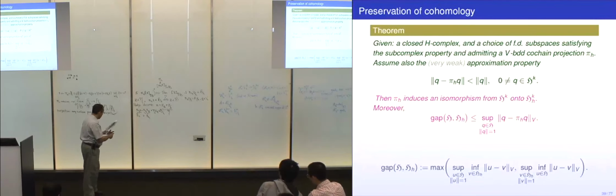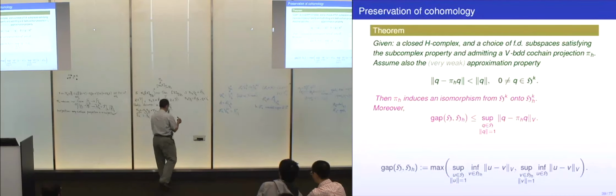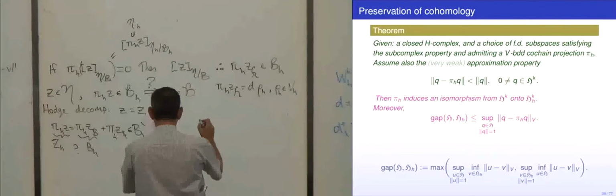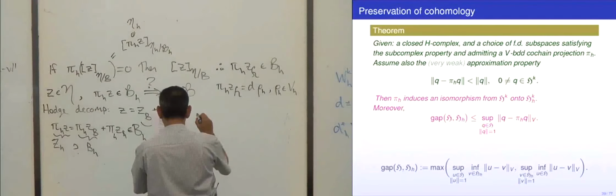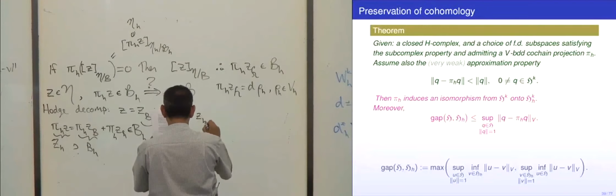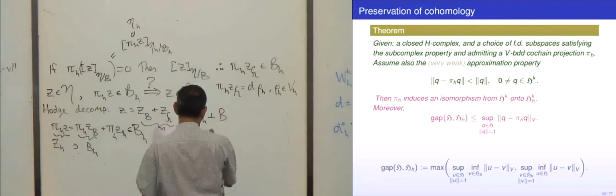Okay, so we look at ZH, which in these notes is called Q. ZH is orthogonal to B because it's harmonic.